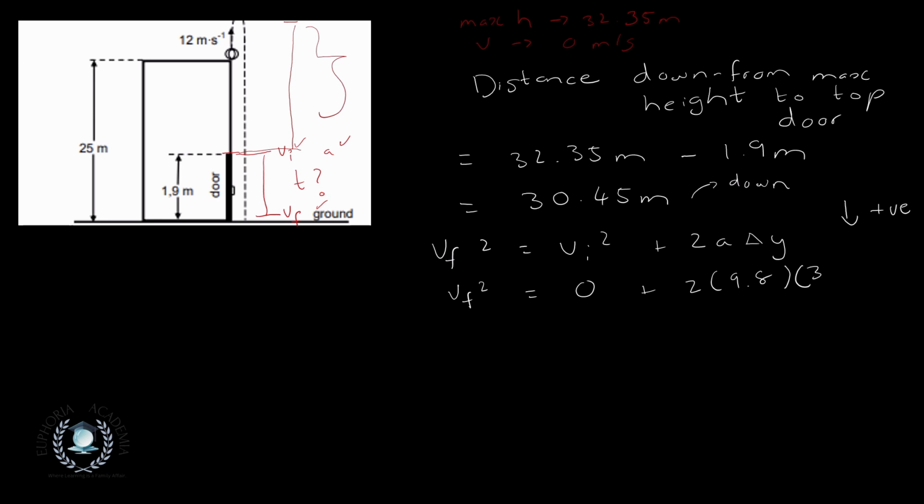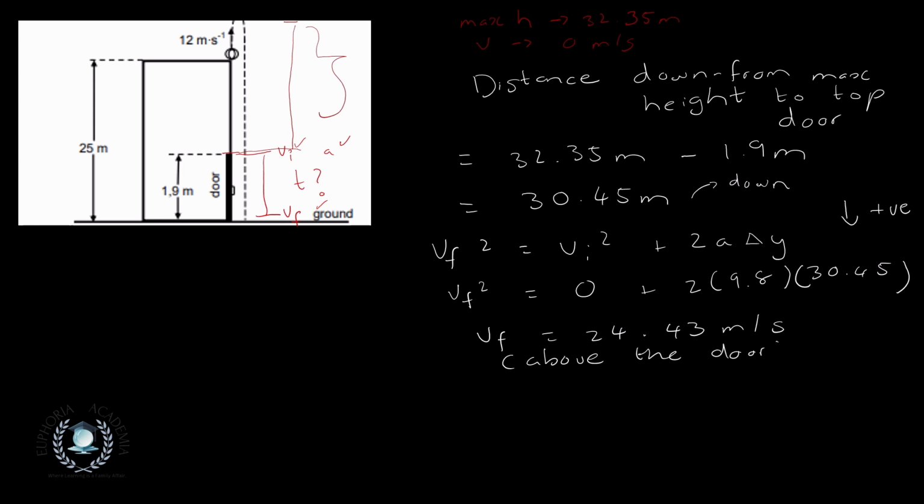So that is 30.45, and doing some maths, we're going to find that Vf is equal to 24.43 meters per second as the velocity above the door.